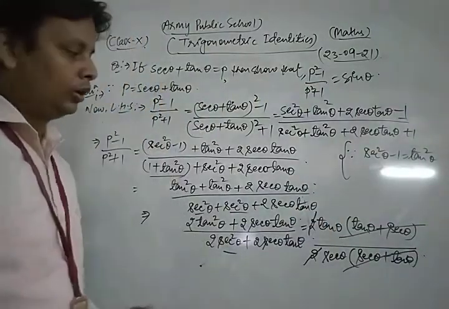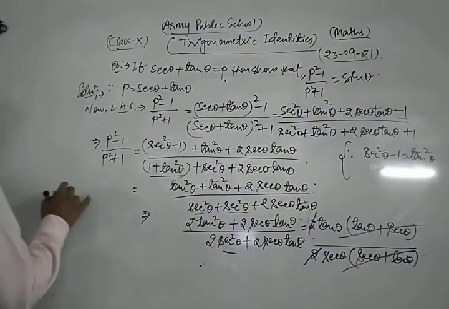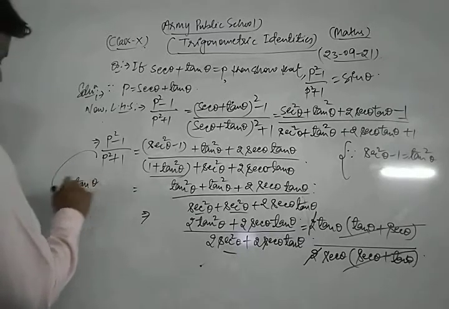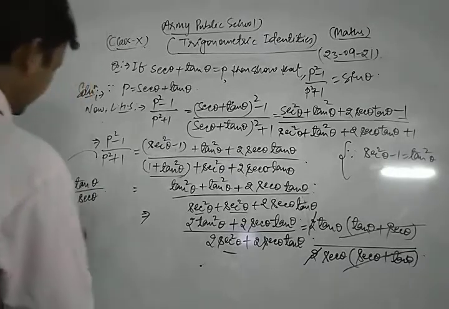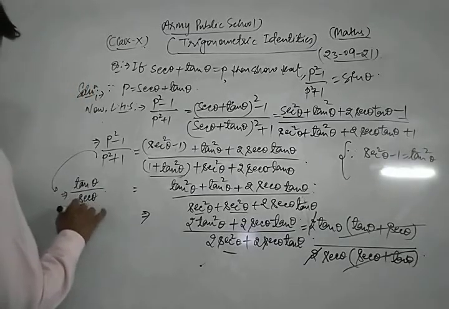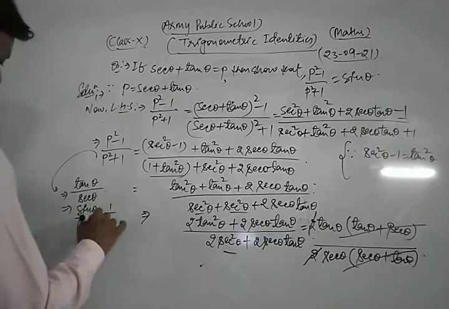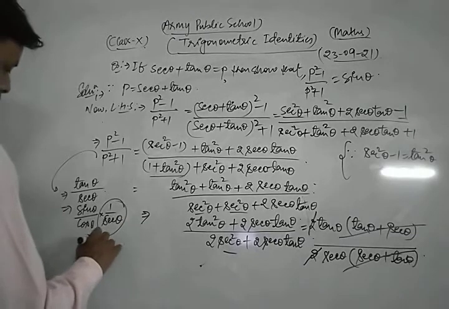Okay, now what do we get? Look, we are left with only tan theta upon sec theta. So we can write tan theta as sin upon cos theta, and into 1 upon sec theta, and 1 upon sec theta, you know, is cos theta.